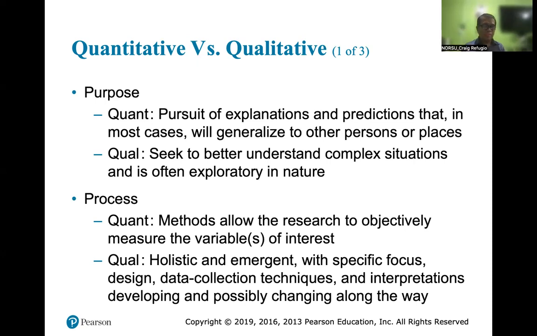Unlike in a quantitative perspective, where there are many specific questions, in a qualitative research design there is only one kind of question, and from that question, the other questions would follow based on the data collection or whatever transpires in the data collection.